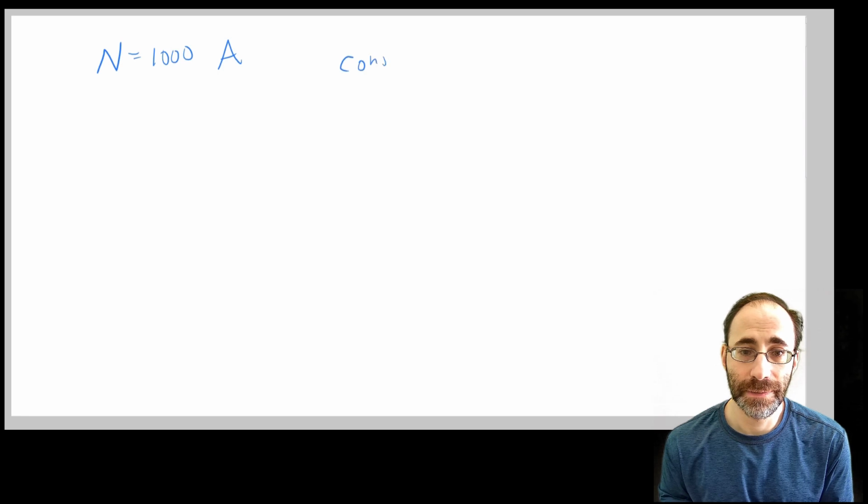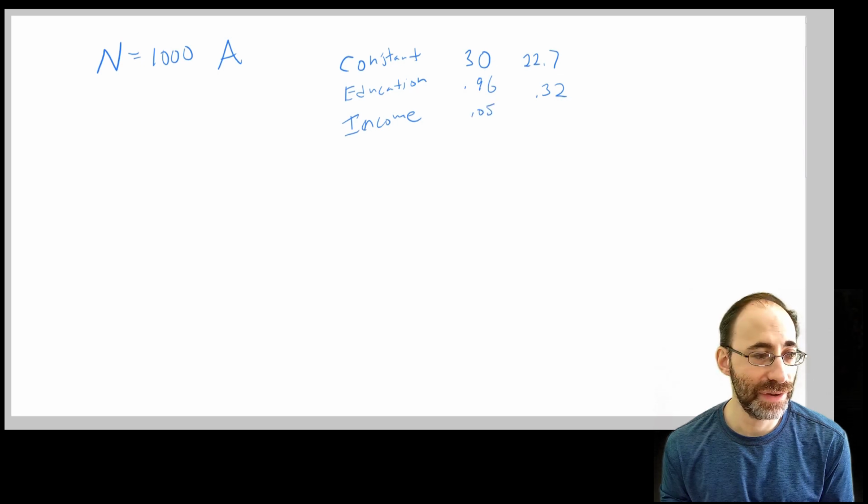We have a constant, and our constant was 30, and our standard error on the constant was 22.7, and we measured the education level of each respondent, and we got 0.96 for the coefficient education level, and the standard error was 0.32, and we measured the income, and the coefficient we obtained in our multiple regression was 0.05 with a standard error of 0.2.